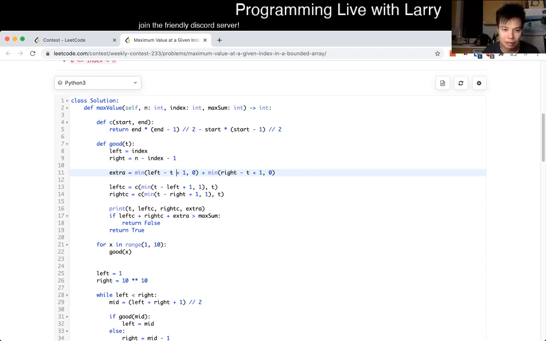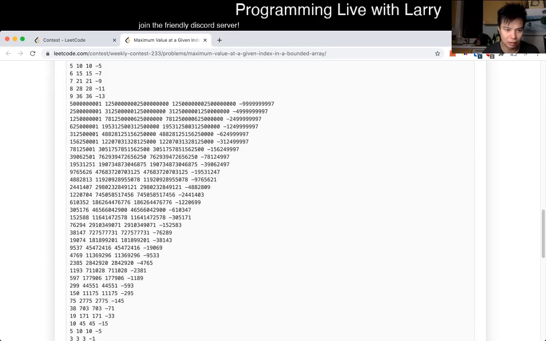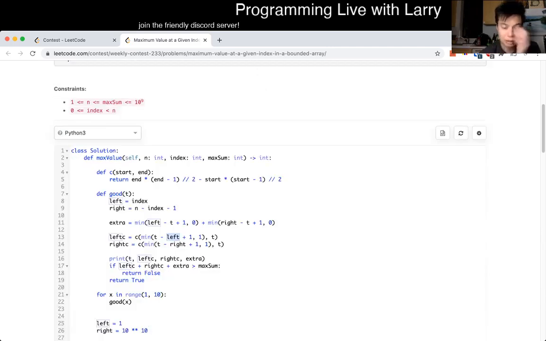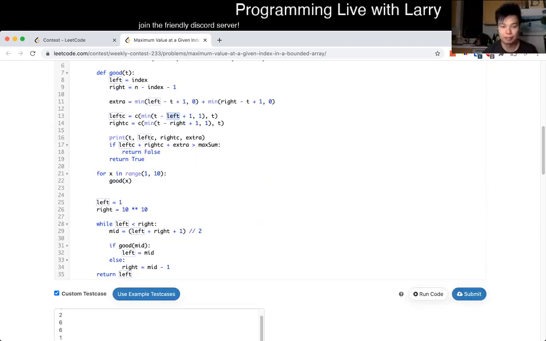Okay, so if left is 0, then this is awkward. It's actually really awkward. Why am I so bad at this? If left... Maybe this was right all along. Nope.